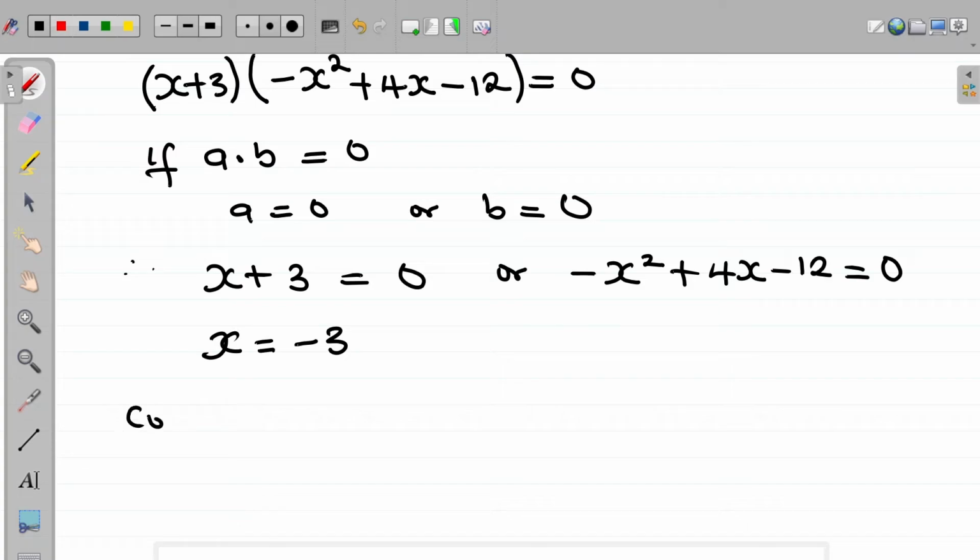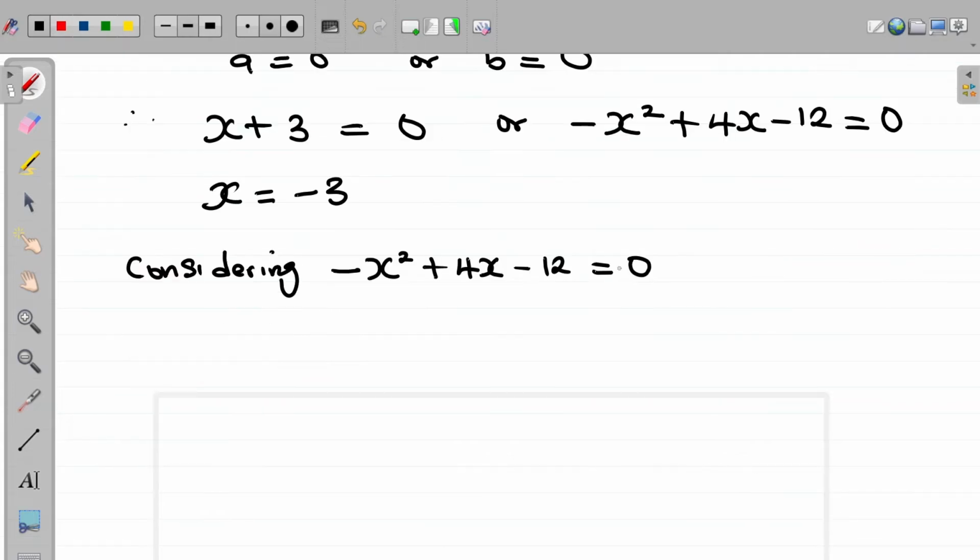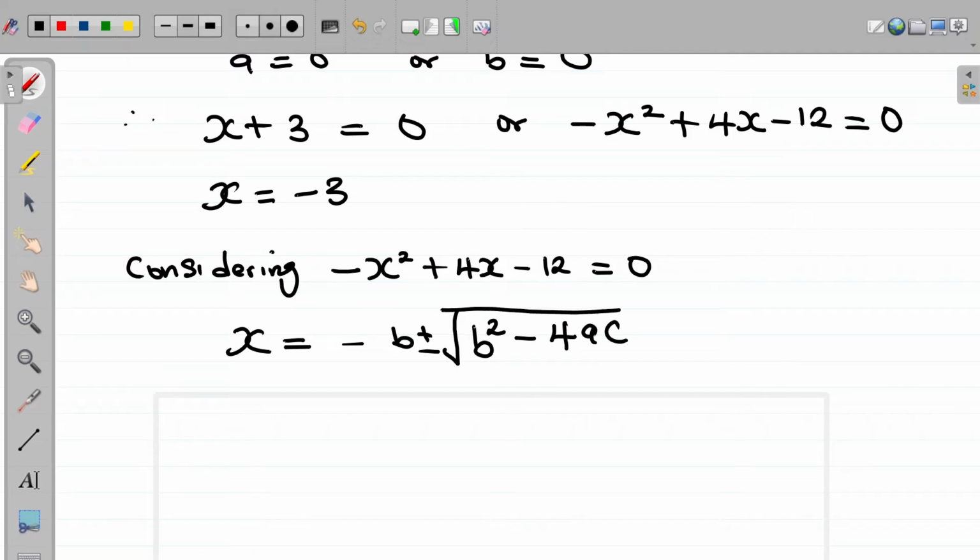Now, considering minus x squared plus 4x minus 12 equal to 0, we use the quadratic formula to find the roots of the equation. So therefore, we know that x is equal to minus b plus or minus root of b squared minus 4ac, all divided by 2a.